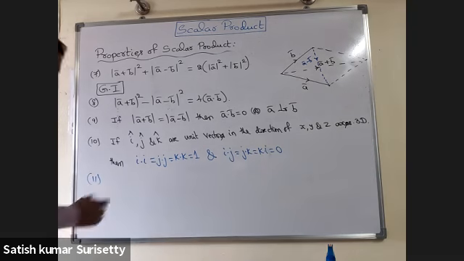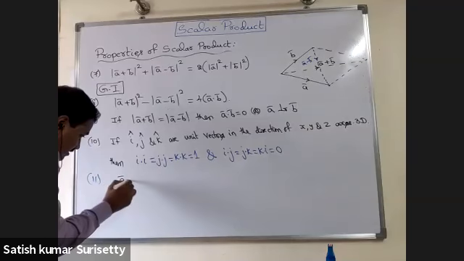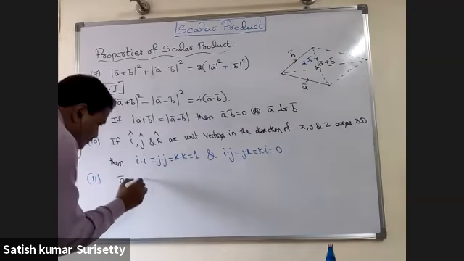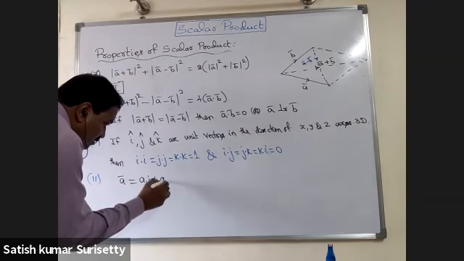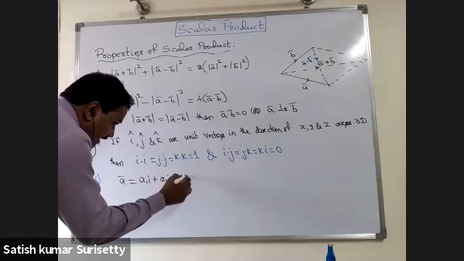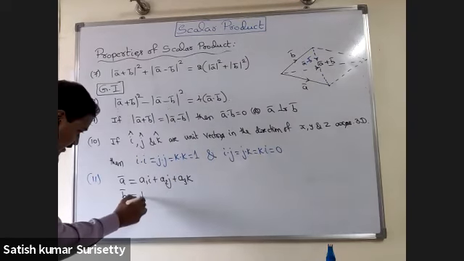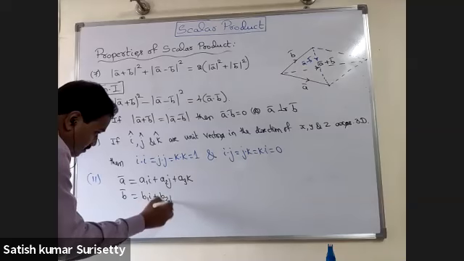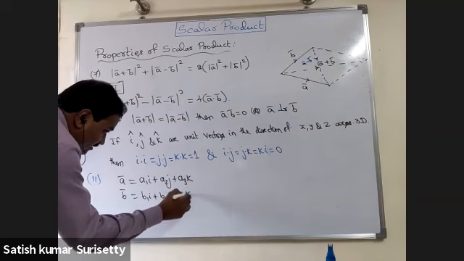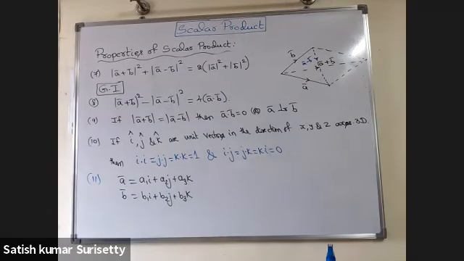Now, let a bar equal a1 i plus a2 j plus a3 k and b bar equal b1 i plus b2 j plus b3 k. That is, vectors in terms of components in 3 dimensions.